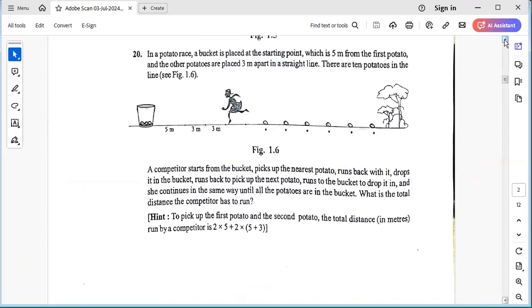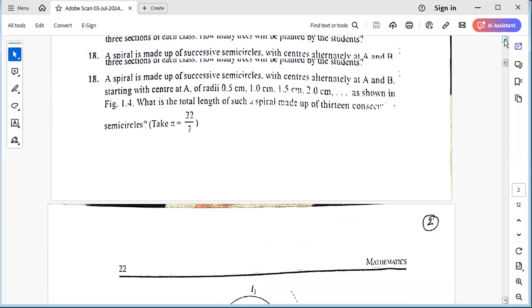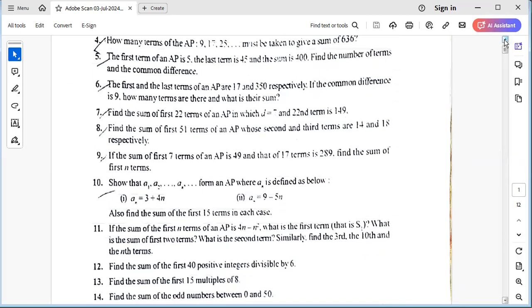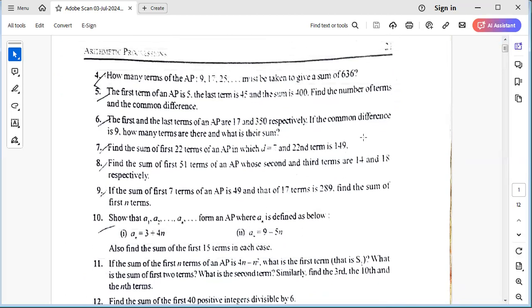Go to again the exercise list, and now we'll see what is the problem number 6. So problems 4 and 5 are solved. Now go to the problem number 6. The first and last term of an AP are 17 and 350 respectively.